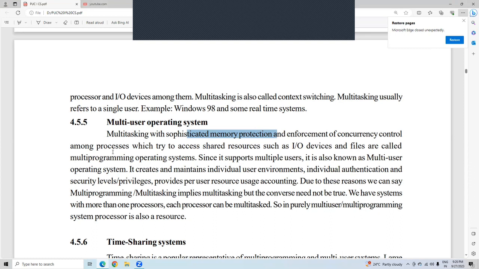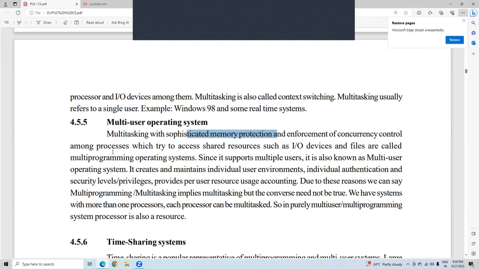But for whom should the access to shared resources such as IO devices and files be given? That simultaneous control among these processes is handled by the multi-programming operating system.